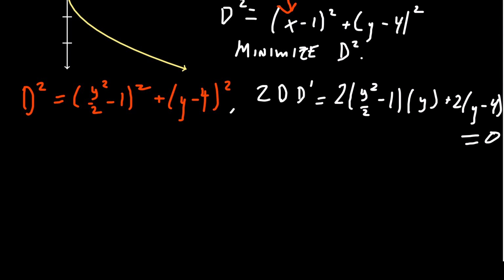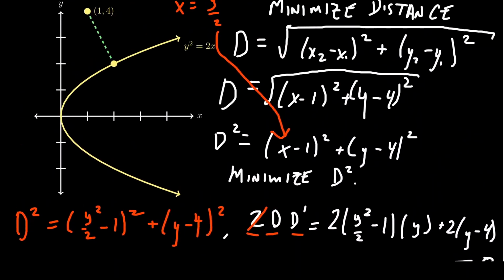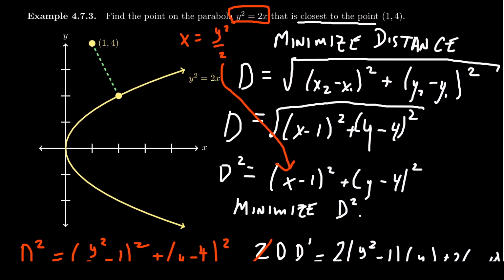Now, if you look at the left-hand side, we have that 2d d prime equals 0. Well, if a product of things equals 0, it's because one of the factors was 0. Well, it's not 2. 2 doesn't equal 0, so that's not the culprit. Could it be d? d is the distance. Is the distance equal to 0? Well, like we saw above, d equals 0 would mean that 1, 4 lived on the parabola.